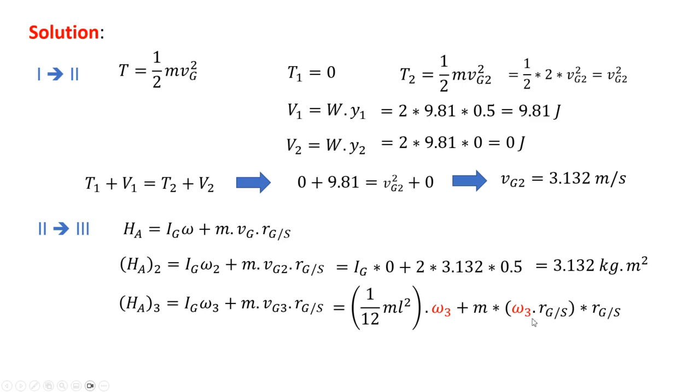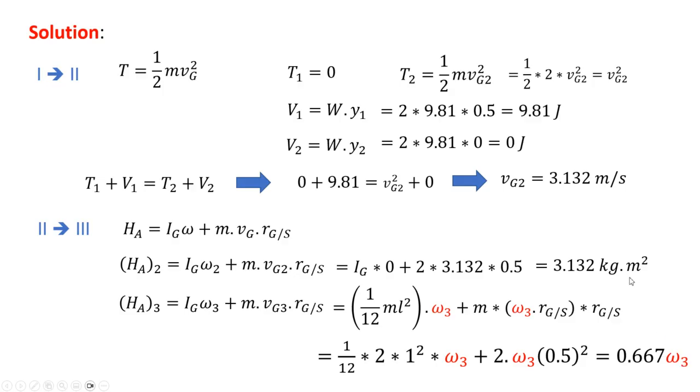We know the RGS is 0.5, the mass is 2, and thus these values should be equal to each other. So by adding all that together, 0.667 omega 3 is equal to 3.132. And thus, we can write the omega 3.